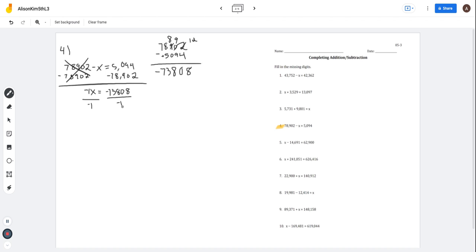And when you divide a negative by a negative, you just get positive. So we get x equals, not negative x, positive x equals 73,808. And that's what our final answer is going to be. So when you're solving this worksheet, just make sure you want x completely alone.